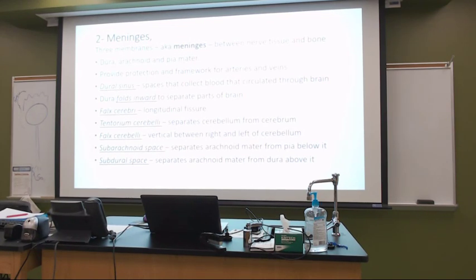So the foldings of those meninges become a little more involved than what we saw with the spinal cord, because it's got a lot of tissue that we need to make sure stays covered and protected, all right?